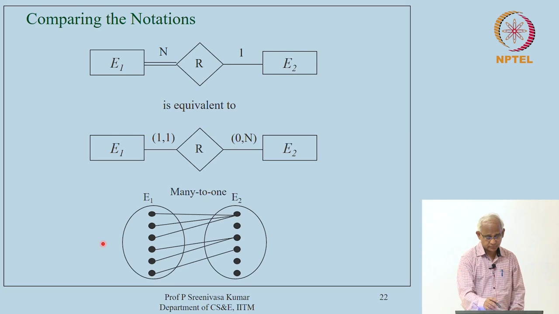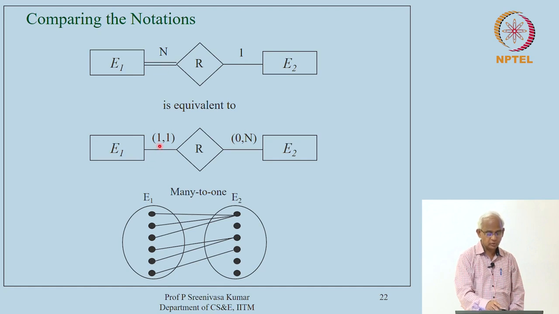So, for example, such a many to one relationship will now be equal to 1 1. So, it is a minimum of 1 and a maximum of 1. For example, you can take faculty member belongs to department. He must belong, and it is a total participation.